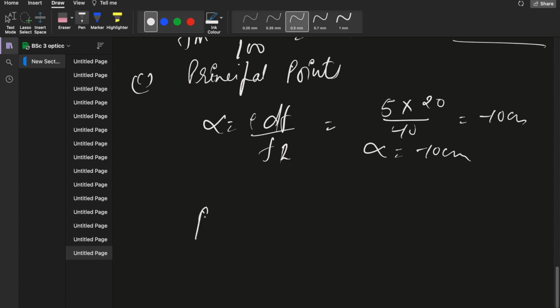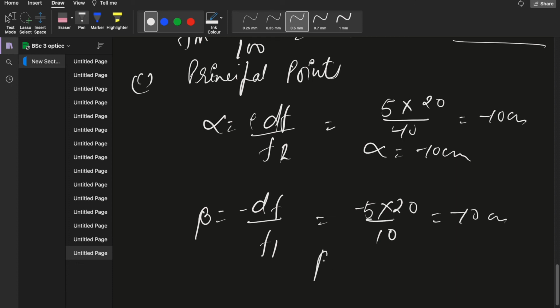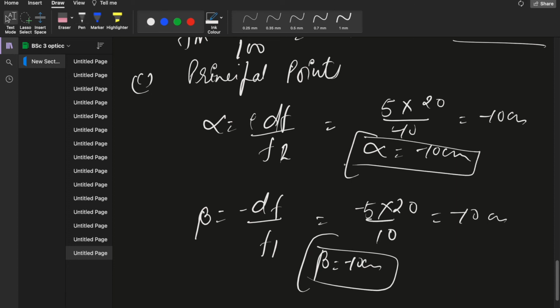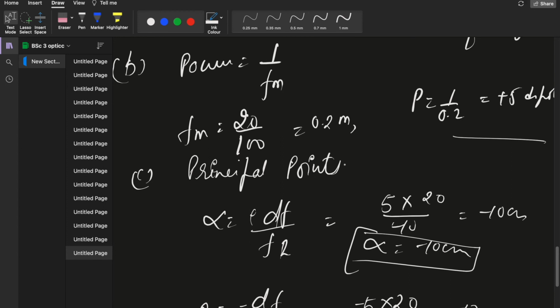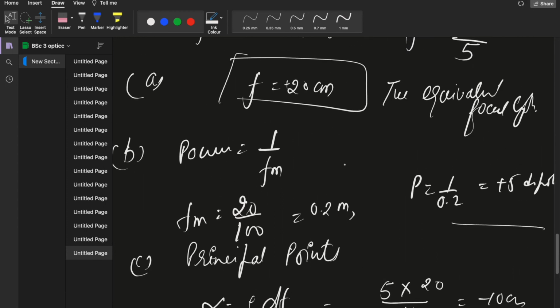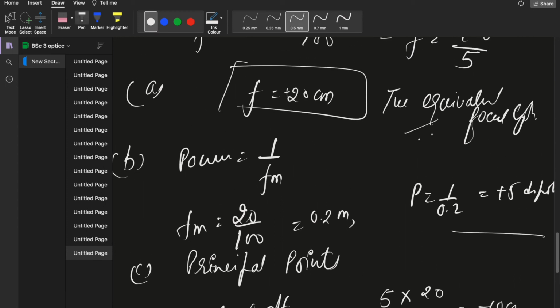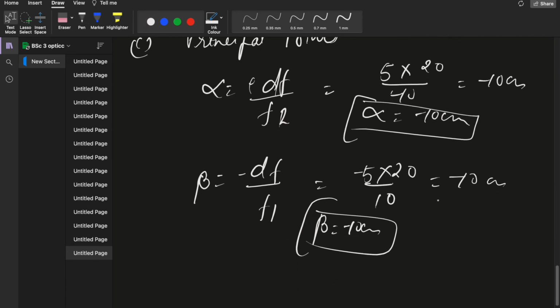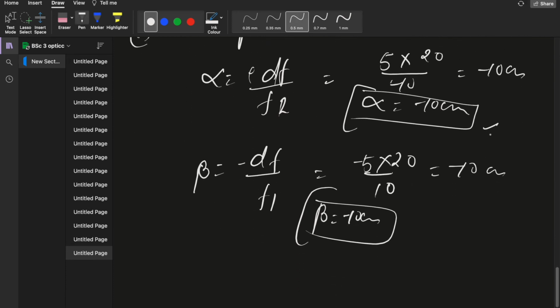The second principal point beta is minus d f upon f1, so minus 5 into 20 upon 10. So this is again minus 10 centimeters. So alpha and beta are the principal points. So we have all three things: focal length, power, and positions of principal points alpha and beta.